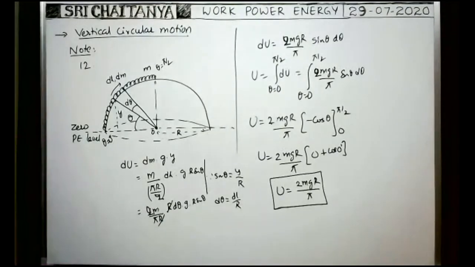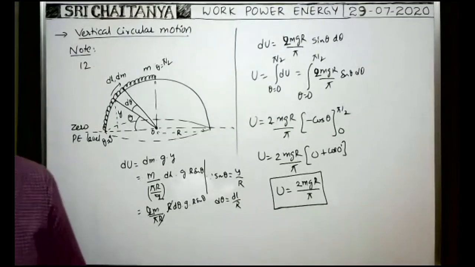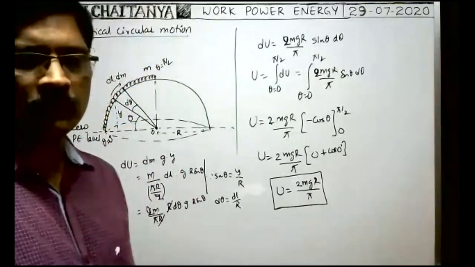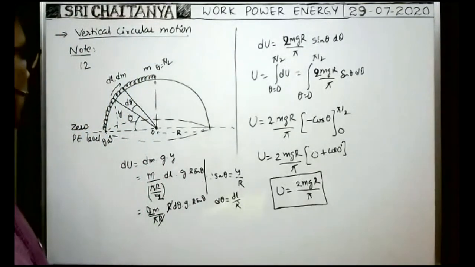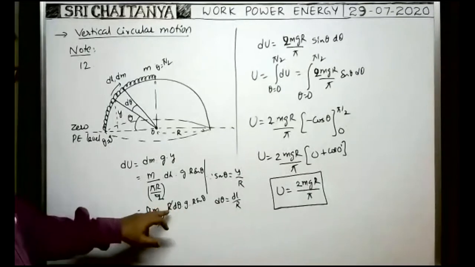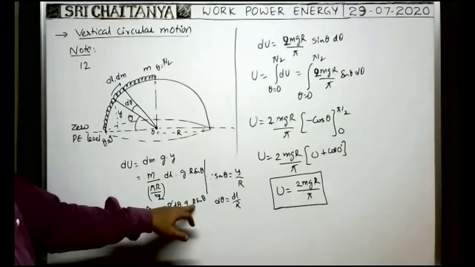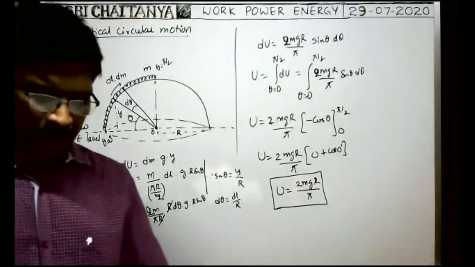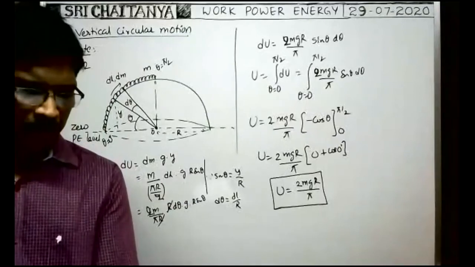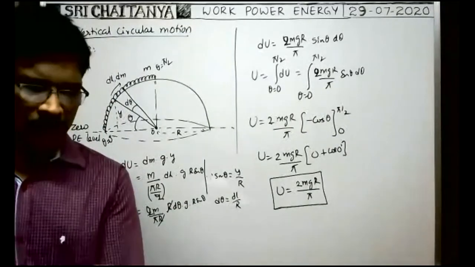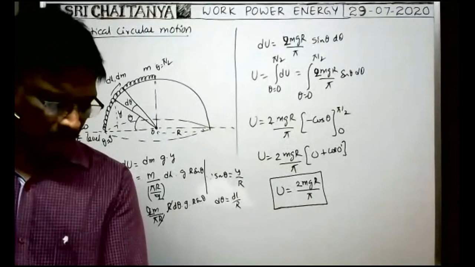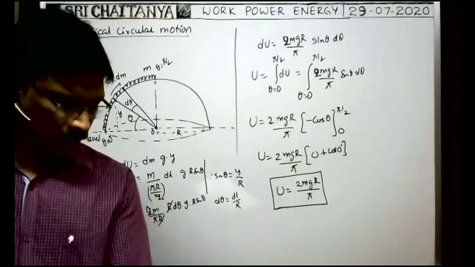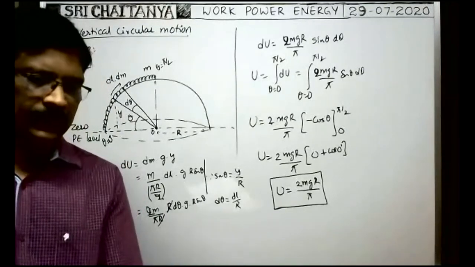Okay, next step. Where r cancelled? One r is cancelled here, and one more r is here now. So only one r will be there. Two mg r by pi, that is the answer.